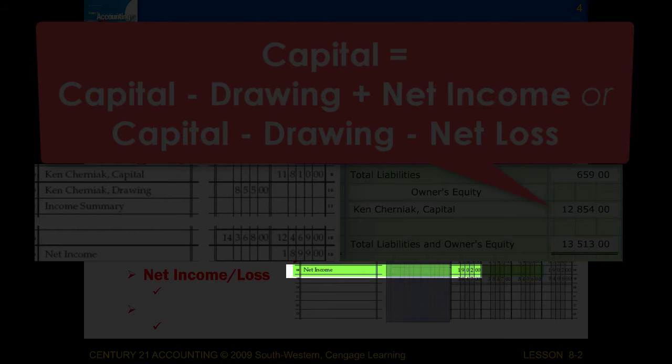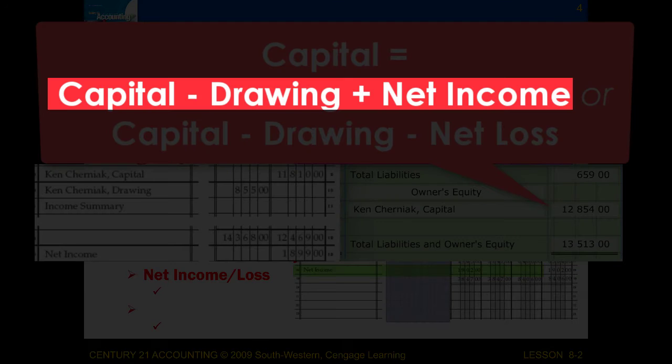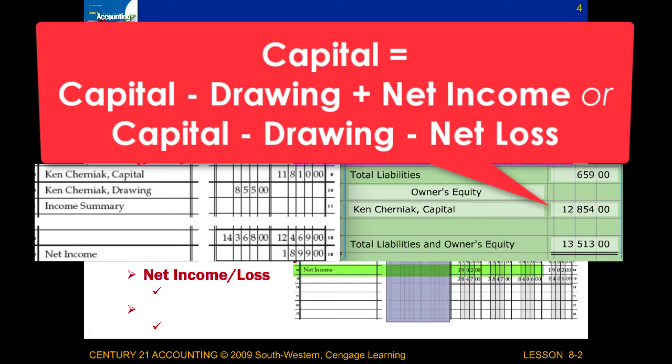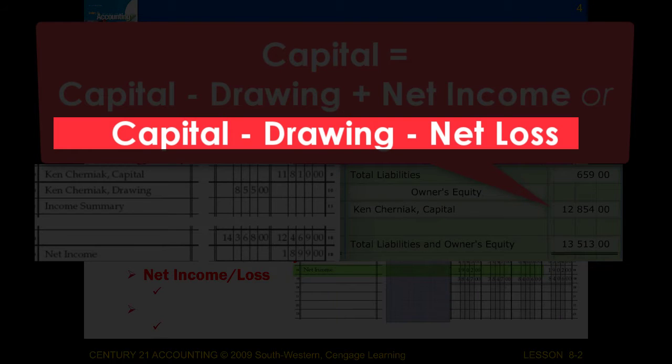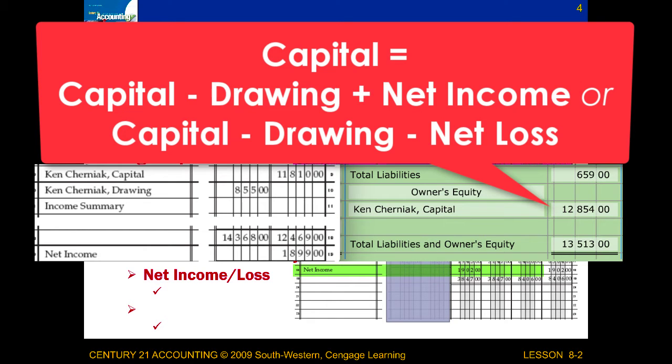And so this net income is going to get dropped into the capital account. If I had a net loss, it was the same thing as when we took capital minus drawing minus net loss. So we had merged the net loss into the capital account. So when we clear out our net income or net loss to zero, the remaining amount that's in there is actually going to get figured into capital.